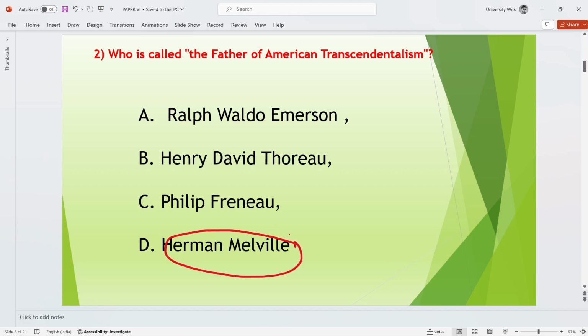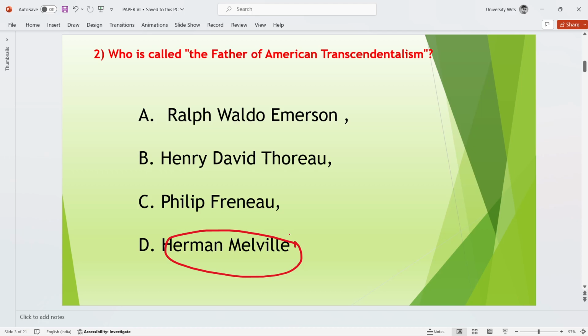Because Herman Melville was a 19th century American novelist, best known for his novel Moby Dick. But he was not part of the transcendentalist movement.